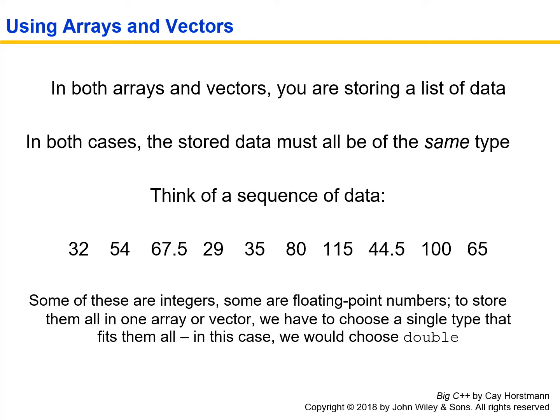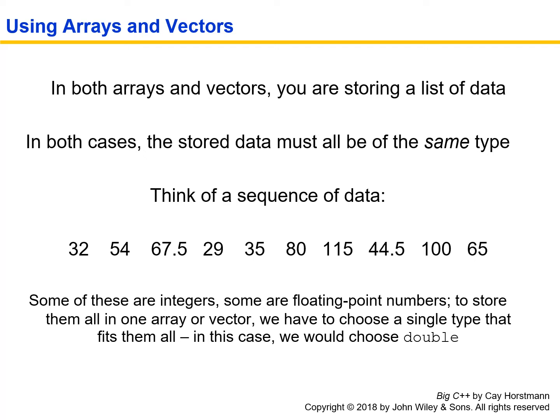So whether you're using an array or a vector, you're storing a list of data. One thing that they both have in common is that the stored data has to all be of the same type. You can think of a sequence of data like the 10 numbers that we were trying to find the largest number of earlier. Some of those look like integers, 32, 54. Others, like 67.5 and 44.5, are definitely floating point numbers.